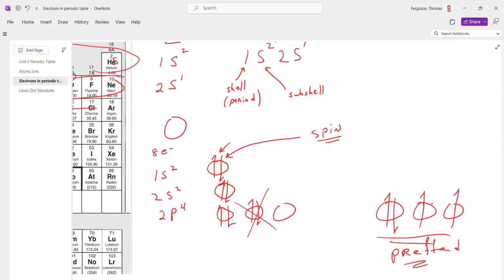There's something called the uncertainty principle. And that means you cannot know either the direction or the velocity of an electron. You know the electron's there, but you don't know much about it.